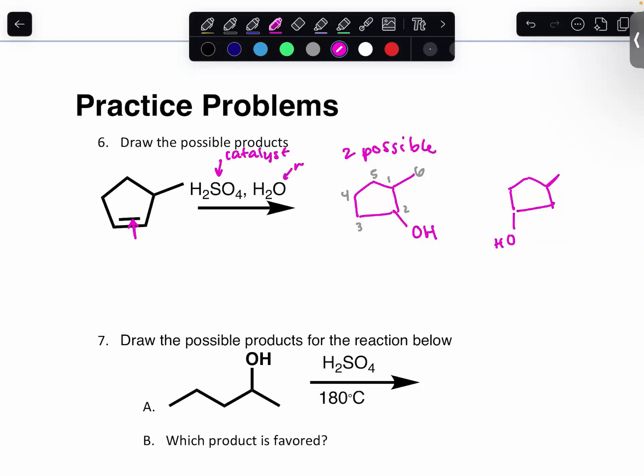The water is a reactant. Yes, this would technically also make H3. No, it wouldn't, because the other hydrogen goes to the other carbon.